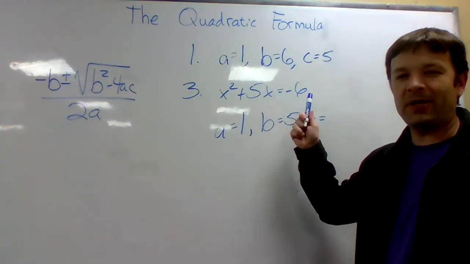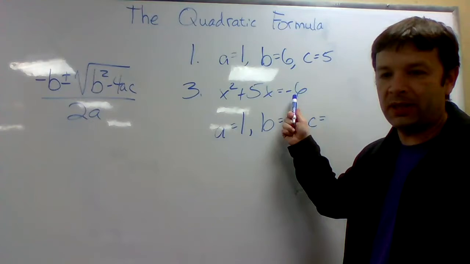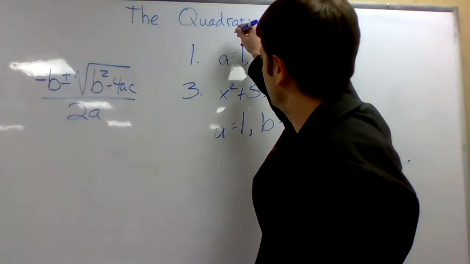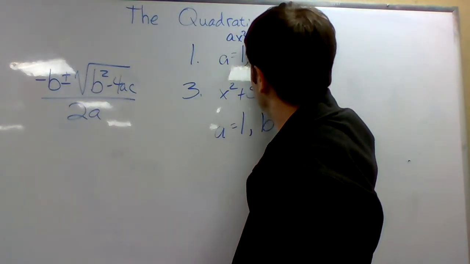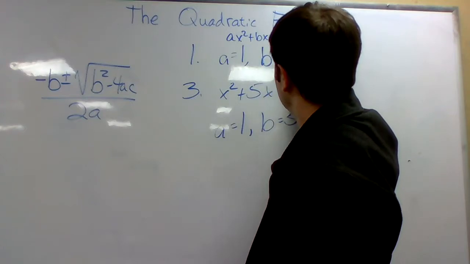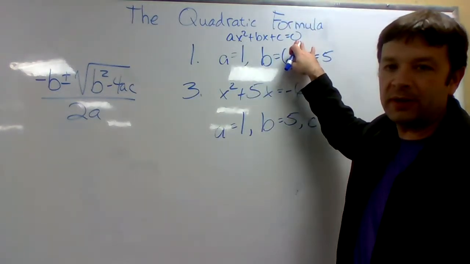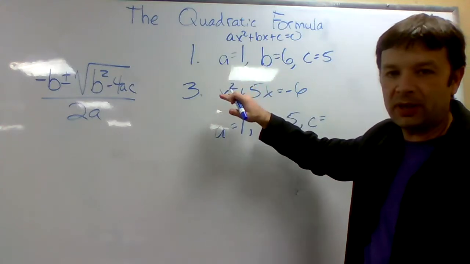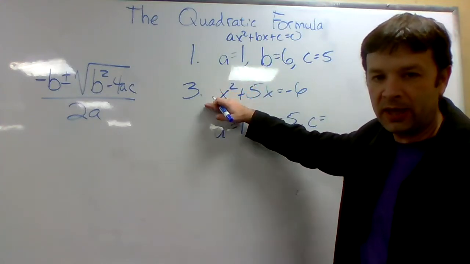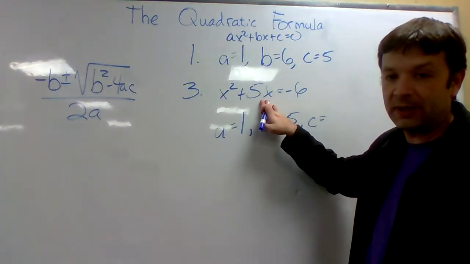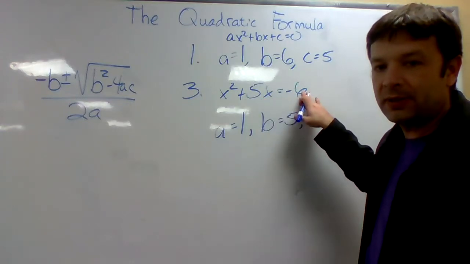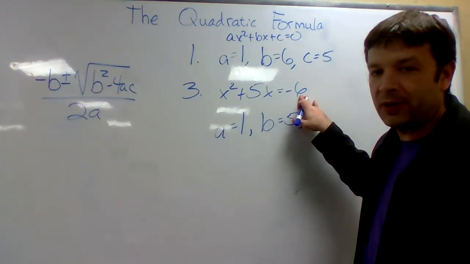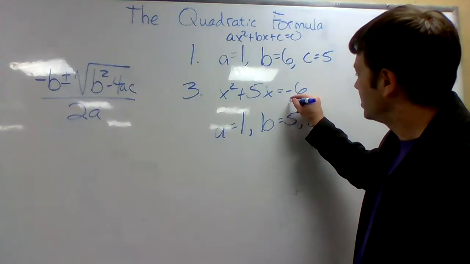Just like Monday's assignment, we really need everything to be in the form where there's nothing on the right side. Everything's on the left side and in order. So we need our A, our B, and our C on the left side to get it right. So I need the right side to be 0. How do I get rid of minus 6? Plus 6.